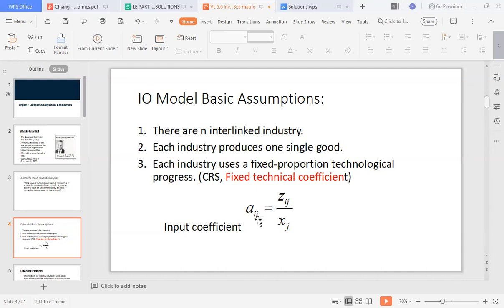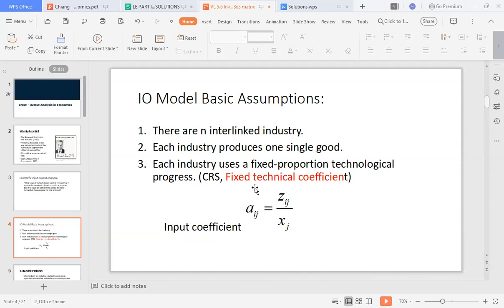Here, i would be your input, j would be your output. Okay. So a_ij here would be considered as our fixed recipe. So when we say in terms of production that the production function will yield a fixed technical coefficient, it will yield constant returns to scale. So the sector here will use inputs strictly in fixed proportion. Okay.